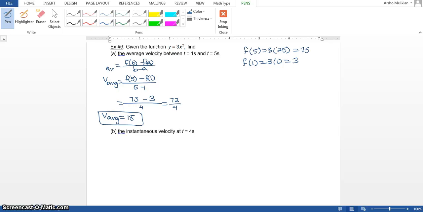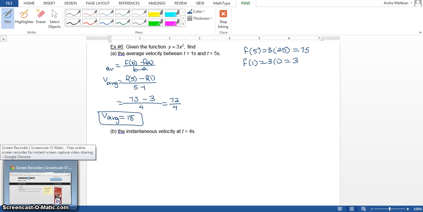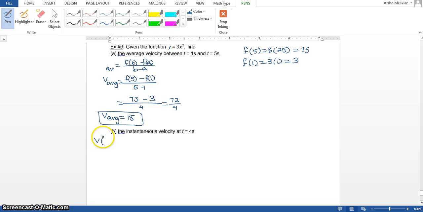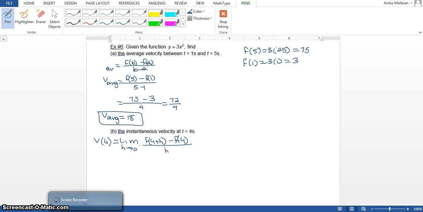The instantaneous velocity, now we need the instantaneous velocity at t equals 4 seconds. So do we still use the same equation on this problem? Right. Now the instantaneous velocity is going to be the limit, so it's v of 4, and it's going to be the limit as h approaches 0 of f of 4 plus h minus f of 4 over h.